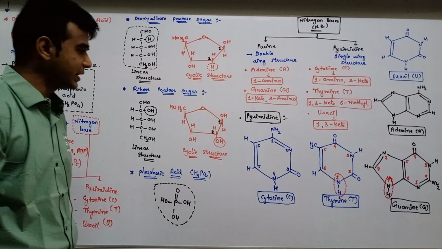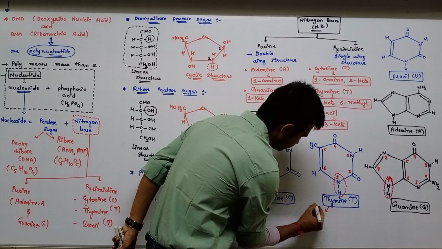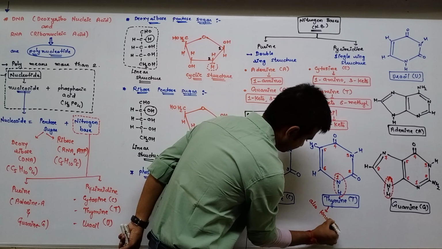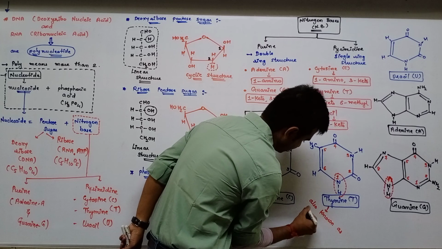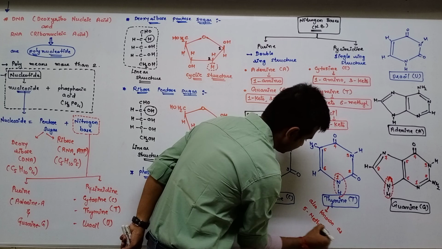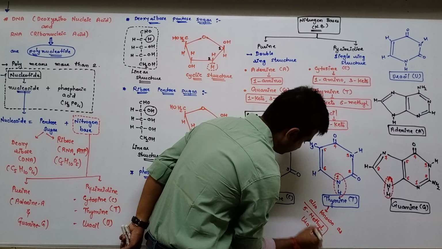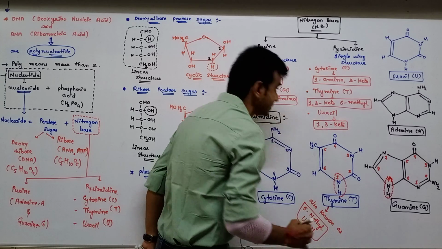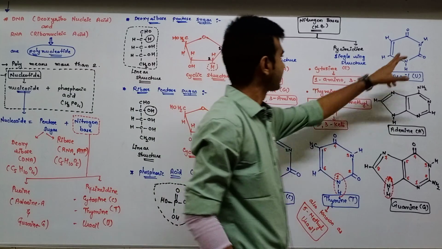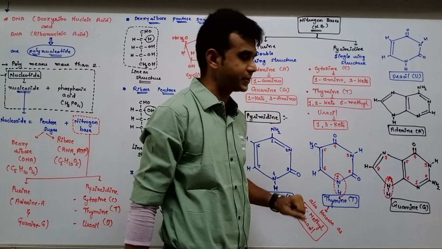And one thing I want to tell you, the thymine is also known as 5-methyl uracil. See, compare the structure. And compare the original numbers.